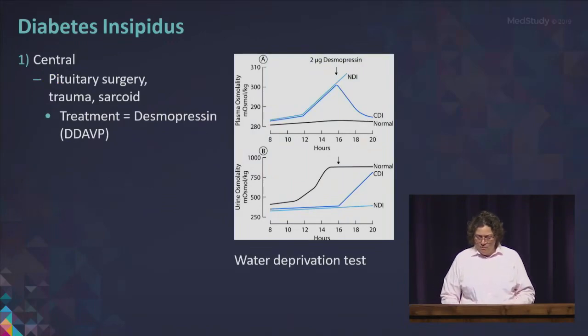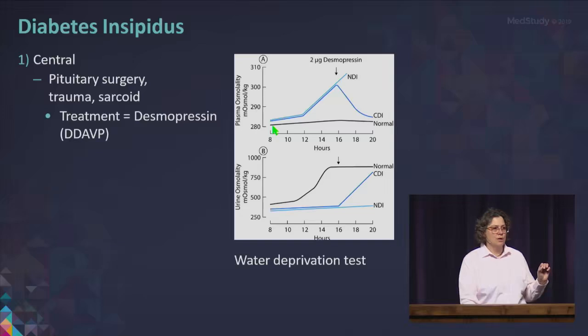So what a water deprivation test looks like for someone who is normal, and normal is the black line here, is that when you start to have limited access to water or you start getting dehydrated, your plasma osms will slowly creep up because you have less water available.